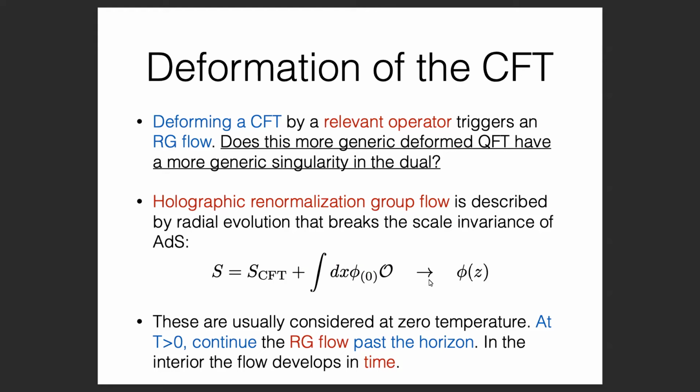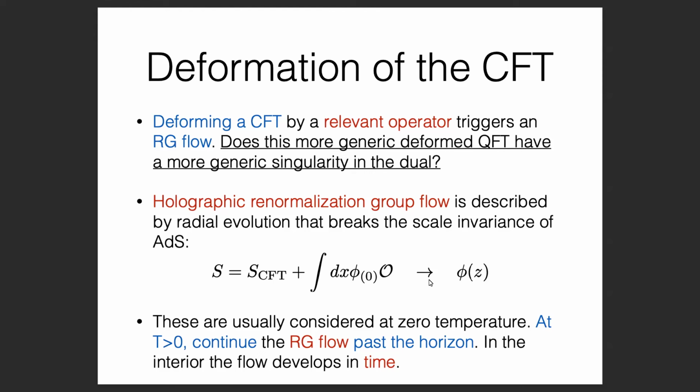It has a coupling, and we know for a long, long time that this coupling will introduce a field in the bulk, and the RG flow of this operator will be encoded in some radial coordinate Z. The field will have some Z dependence, and that will break the scale invariance of the CFT, and that's your RG flow. These things are usually considered at zero temperature, where you flow from the UV to the IR.